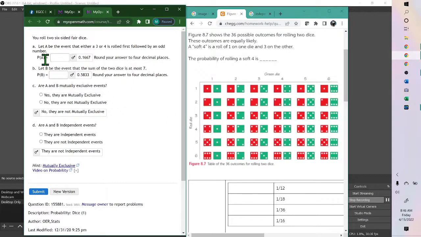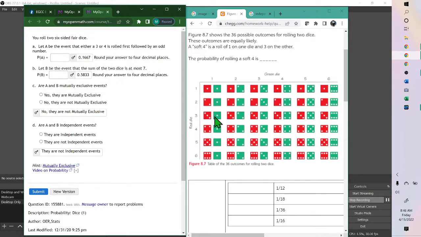Looking at the first one, then it says event A, a 3 or a 4, followed by an odd. So the first, we'll say the first roll is the red die. 3 or a 4 would be these two rows. And then the second die, the green one, needs to be odd.